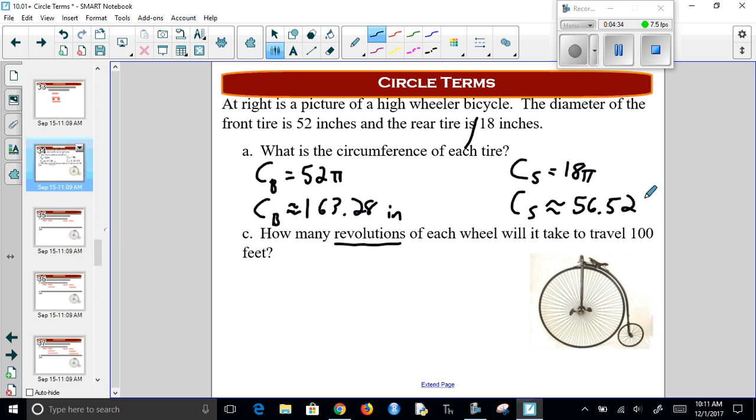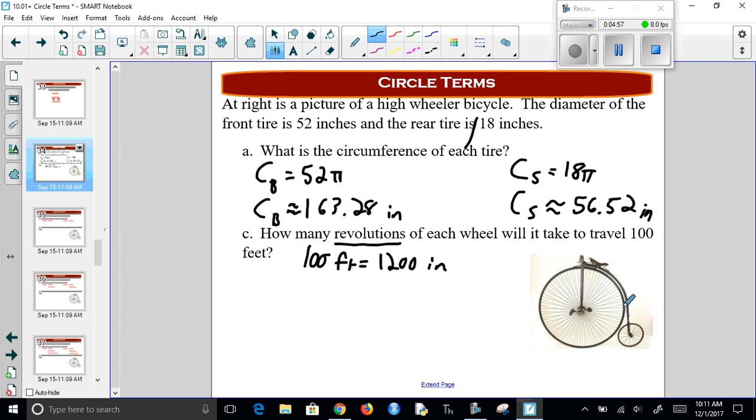All right. So now here's the question. It says, how many revolutions will each wheel travel in 100 feet? Well, we have one issue: we have inches here and feet down here. So first, 100 feet, if we multiply that by 12, is 1,200 inches.